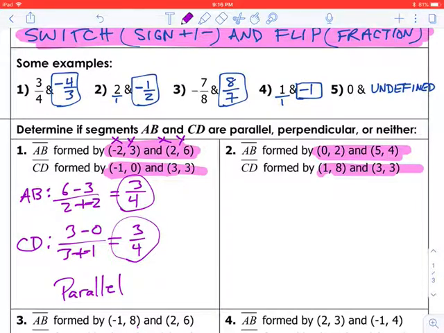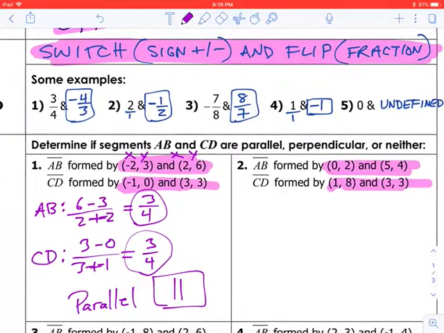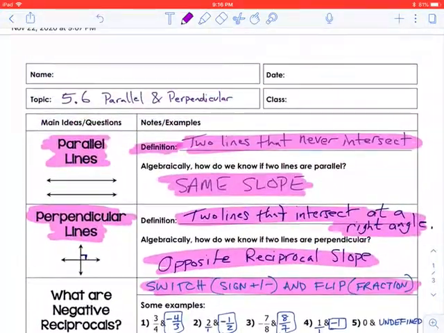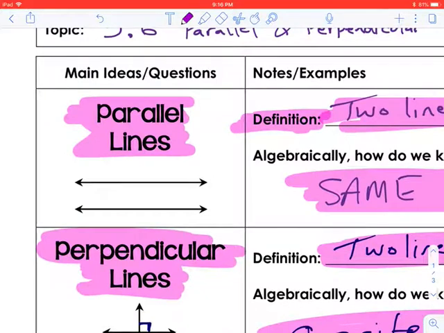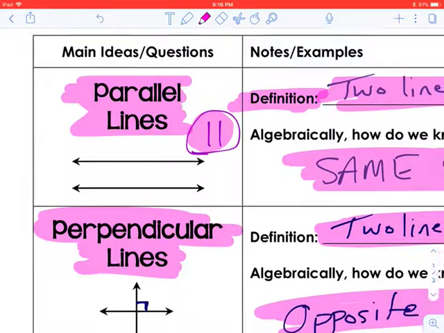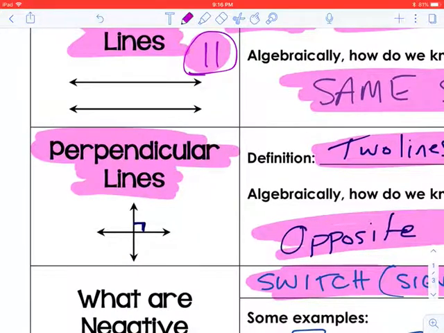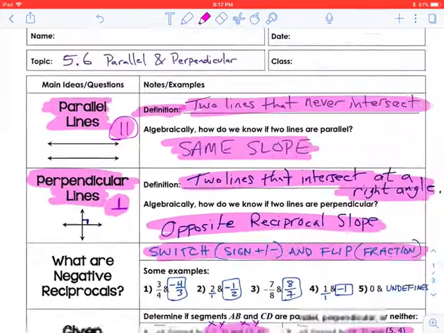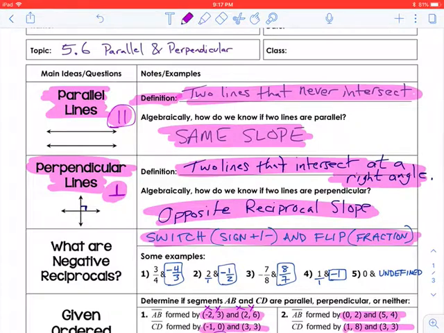The symbol for parallel is two lines right next to each other. Perpendicular, if you want a symbol for that, is kind of like an upside down T.